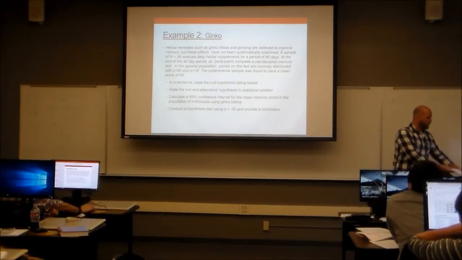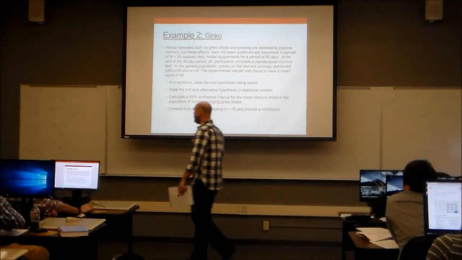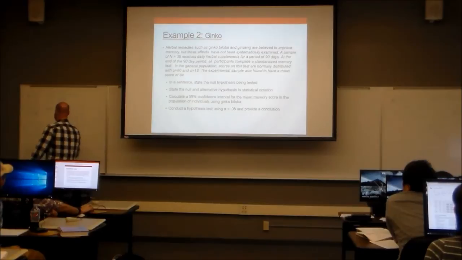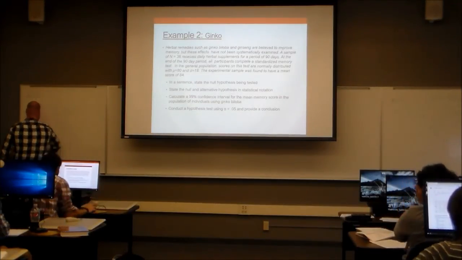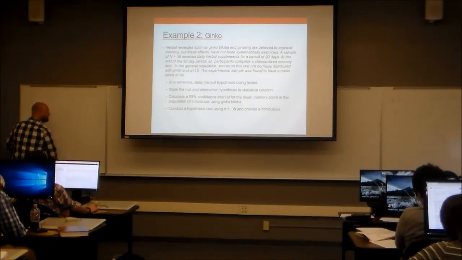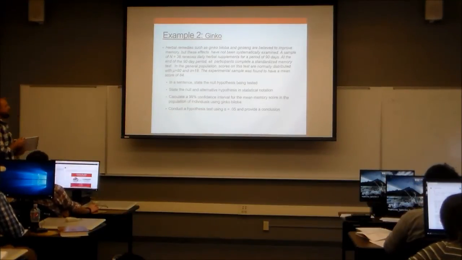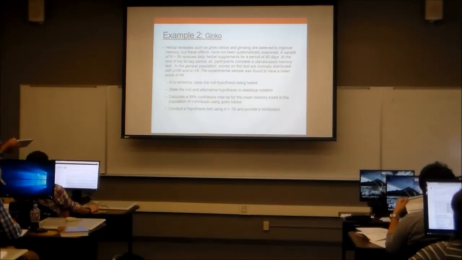Do one more example here just to help solidify this for people. Again, we're still working with supplements. In this scenario, we've got people taking ginkgo biloba and ginseng, but it's just general people, not older adults.